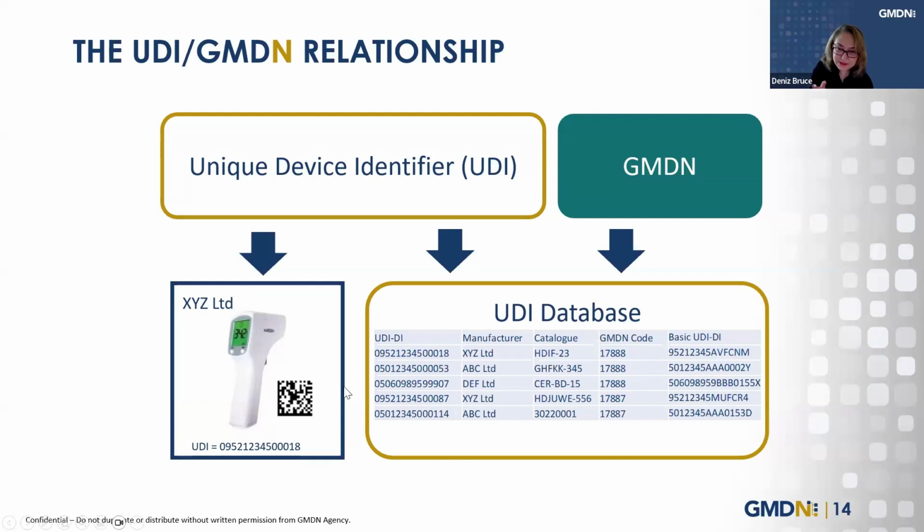But there's a distinct differentiation between what is basic UDI and what is GMDN. The basic UDI is intended to group all medical devices from a particular manufacturer that share the same intended use. GMDN does it in a multi-hierarchical way, but it's a non-proprietary definition.